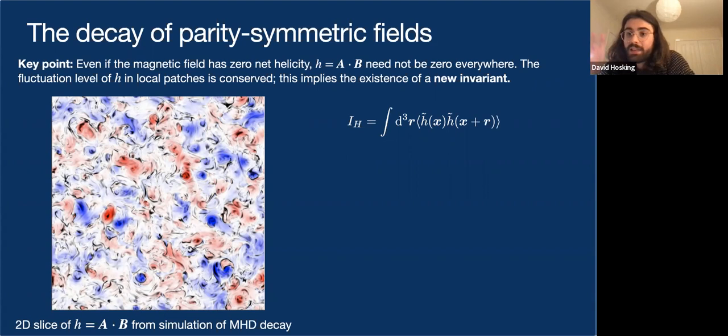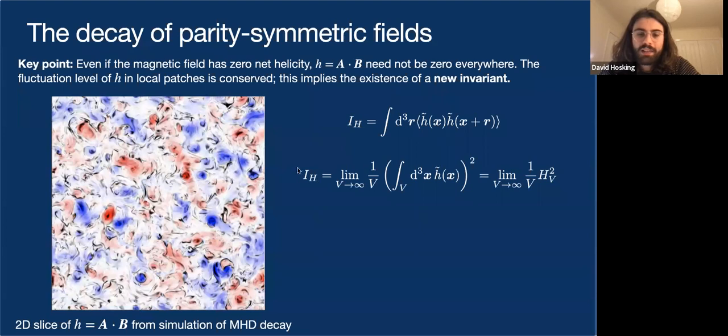So the claim is that this quantity encodes conservation of fluctuations in the helicity density in precisely the same way that the Saffman integral, as I said, encodes the conservation of fluctuations in the linear momentum. Let me explain how this works, and this follows the argument laid out originally for the Saffman integral itself by Philip Saffman. This quantity, incidentally, I call the Saffman helicity invariant for this reason.